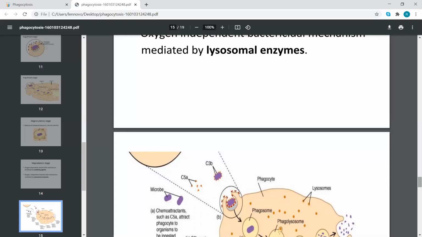At the same time, you can reduce chlorine to chloride, bromine to bromide, iodine to iodide. All of these negatively charged reactive species attack cell membranes of microbes. And therefore there's a lot of energy consumed at this particular stage.